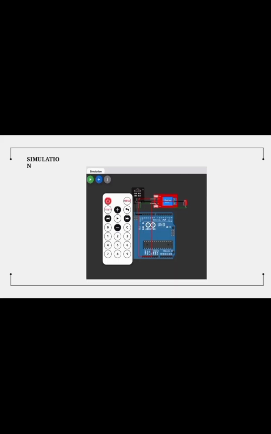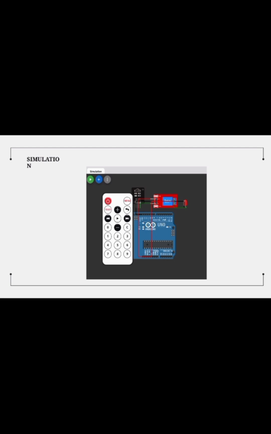Here we can see the simulation of the model we have done in the project. Here we can see the IR remote control, and the red color box represents the IR relay module, which is connected to VCC and ground through wires, and to the Arduino.